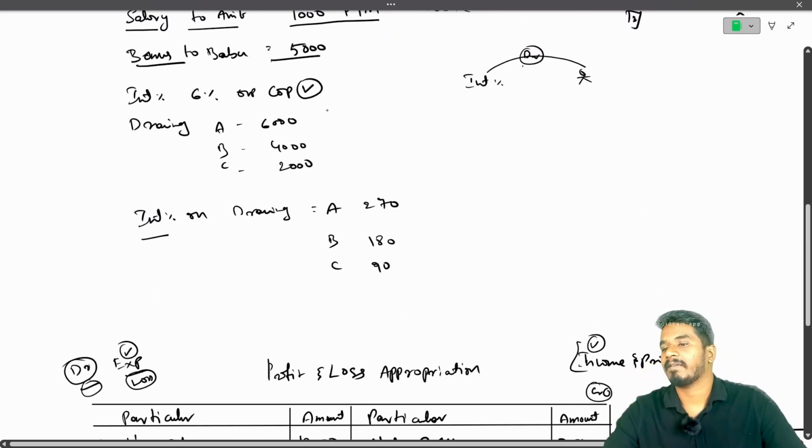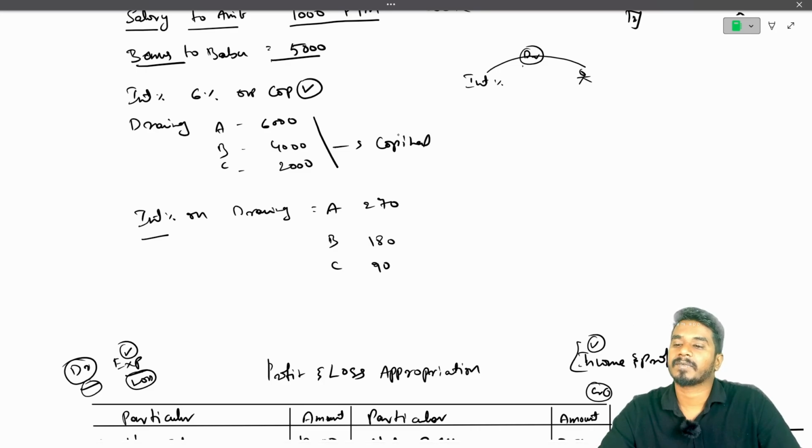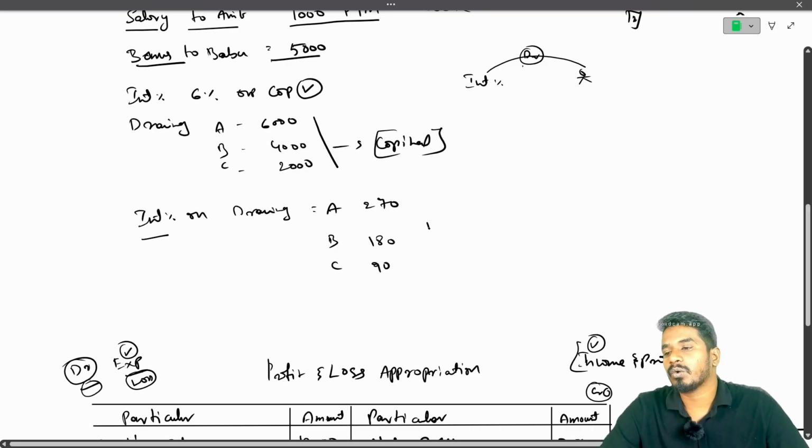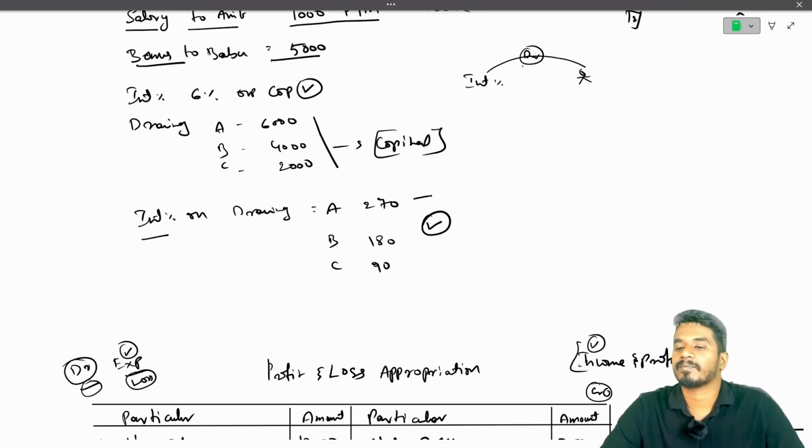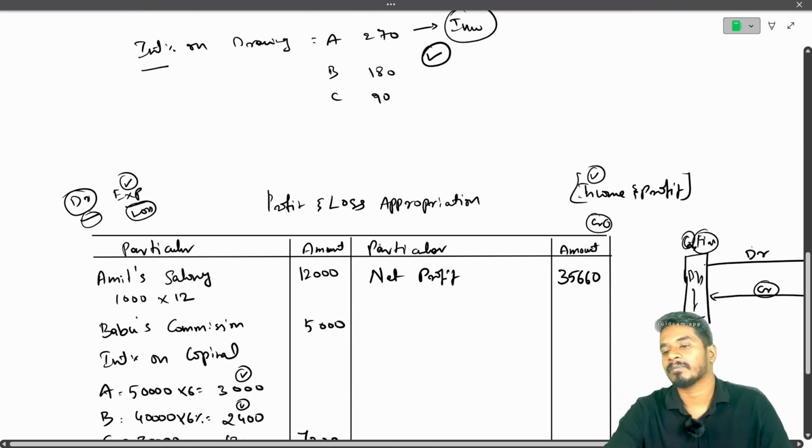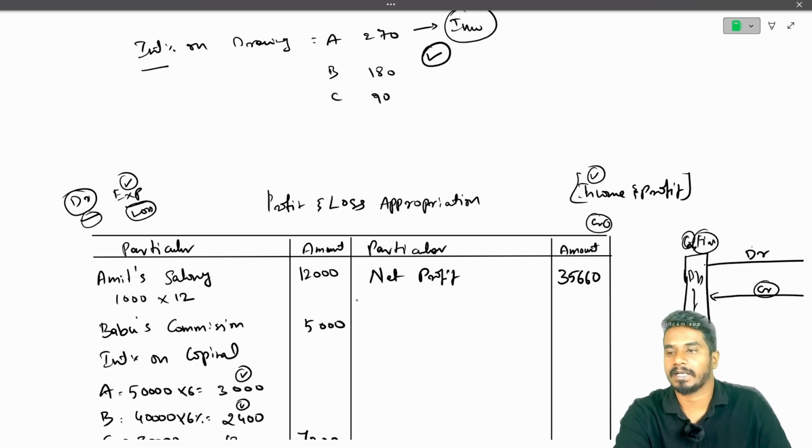The next thing we have is drawings. Drawings we will show in the capital account, but we will show interest on drawings because it is an income for the firm. The partners need to pay to the company, right?